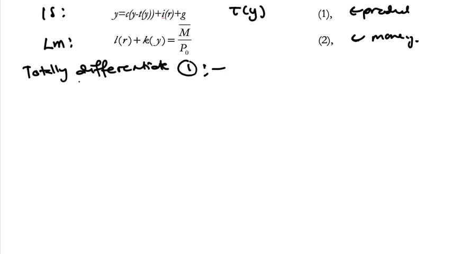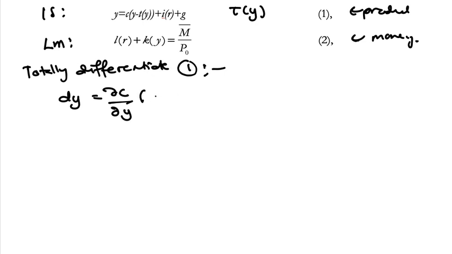So if we totally differentiate IS, by now you should know how to do total differentiation. On the left hand side, y becomes dy. And on the right hand side, we have the consumption function. Partially differentiate the consumption function with respect to y.